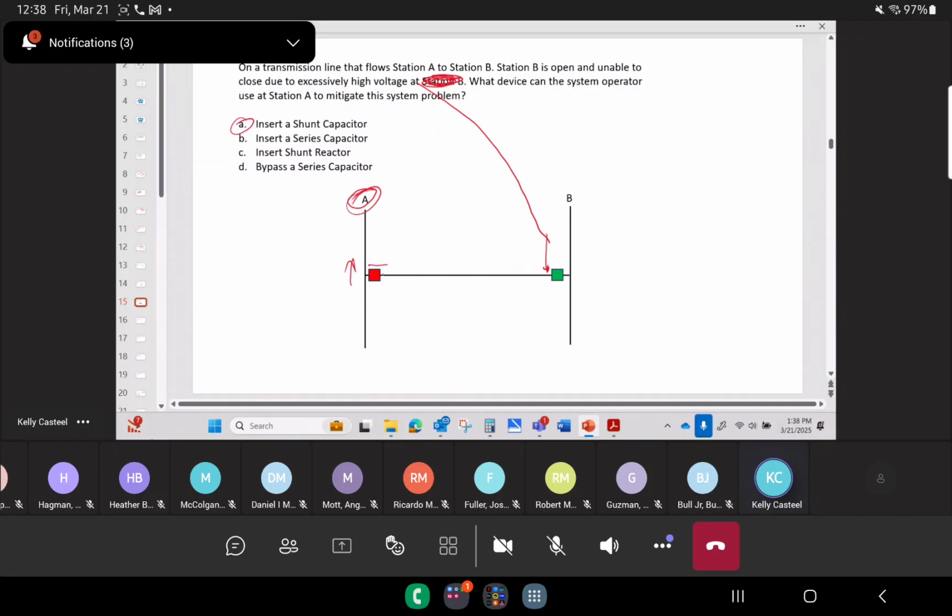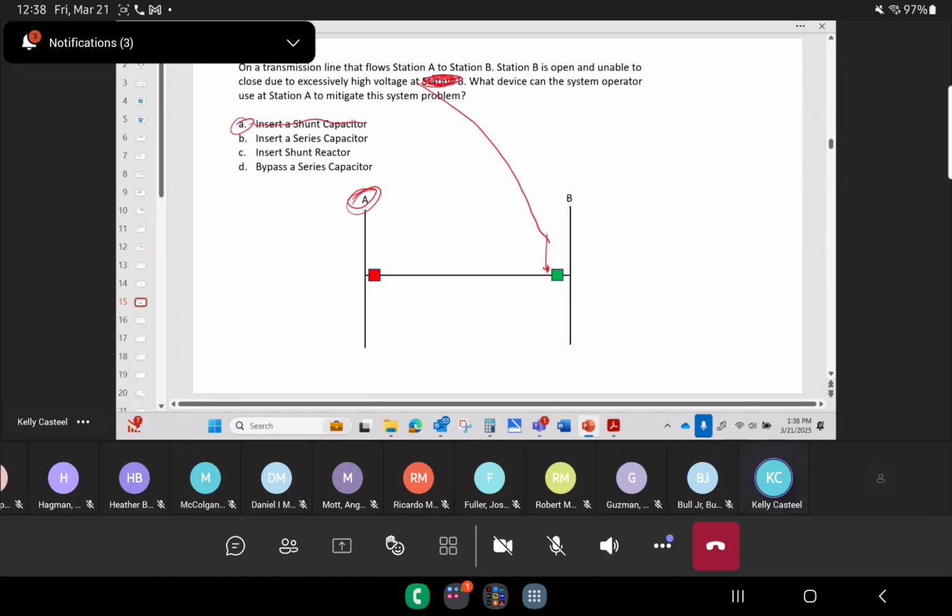It's going to raise the voltage that we're starting with here. It's going to make this voltage even higher. What we're talking about is trying to close this breaker, and sync check relays won't let us close because there's too much of a voltage difference on either side of the breaker. So that's what we're dealing with. If we put a cap bank in over here at Alpha, that's just going to make the problem worse. So that wouldn't be a correct answer.